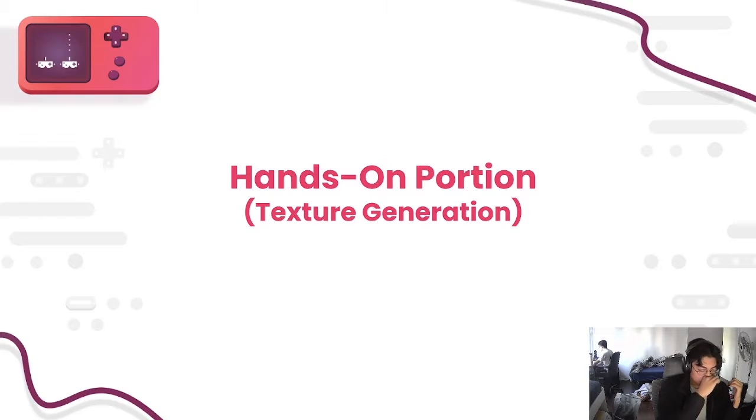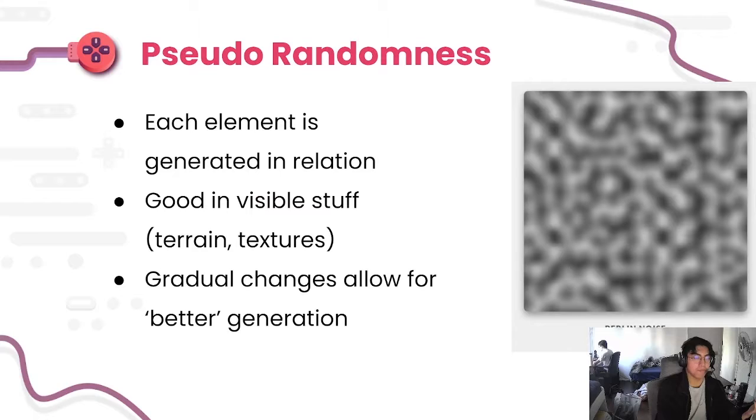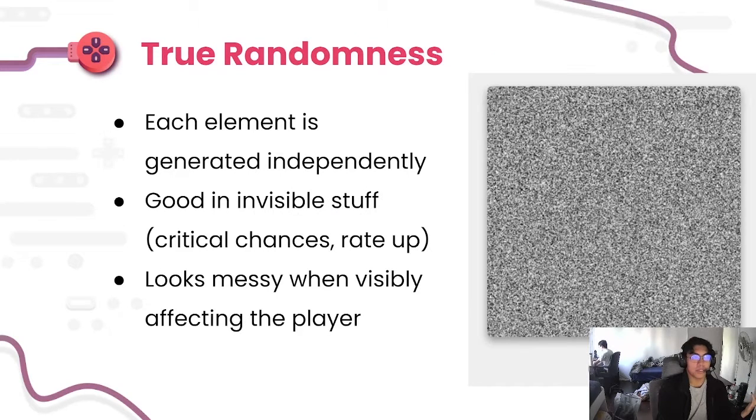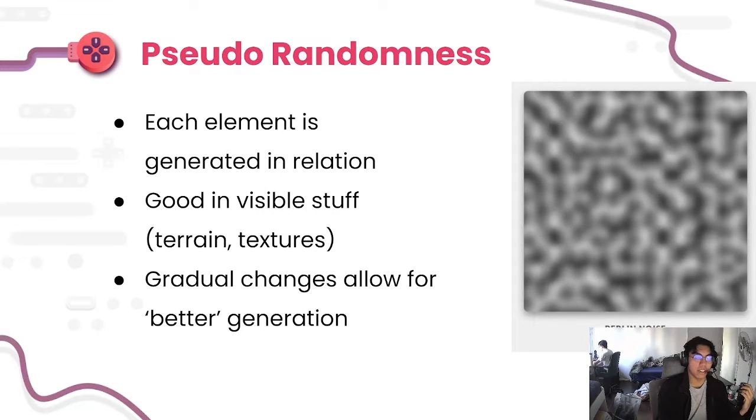Okay. Now that we talked about true randomness and pseudo randomness, we're going to say, how can we apply this to a video game?